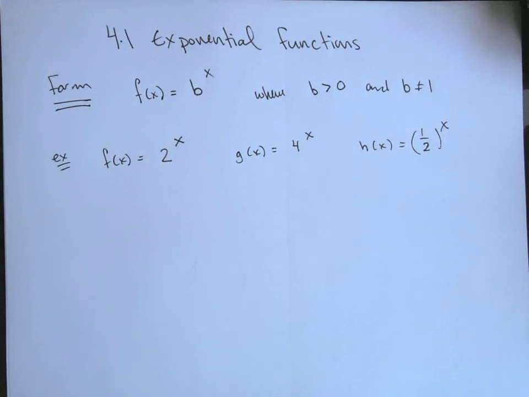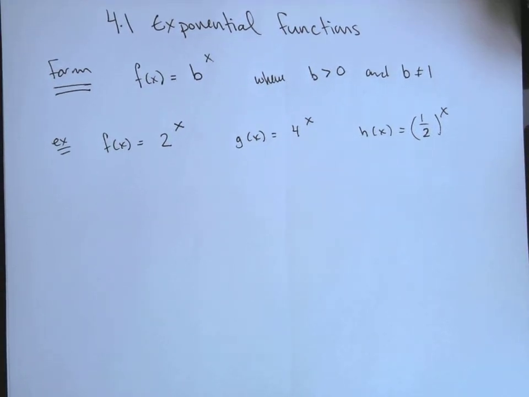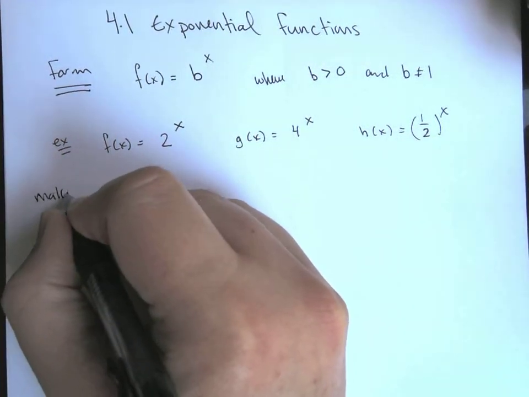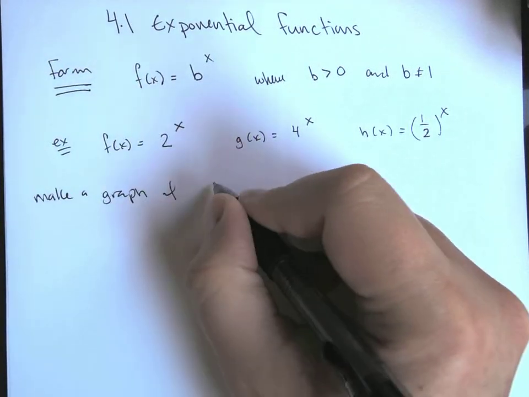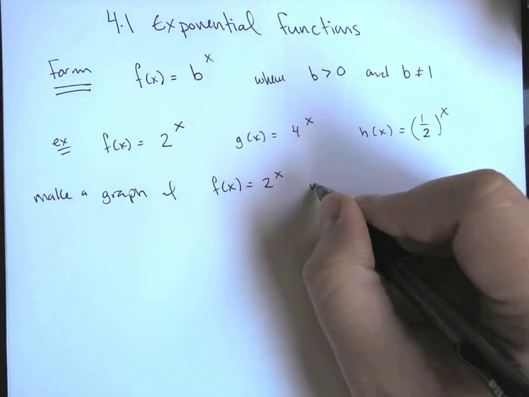What we're doing in 4.1, really more than anything else, is we're going to be trying to make some graphs. We're going to try to visualize what these exponential functions look like. So let's make a graph of this first example. f of x is 2 raised to the x.